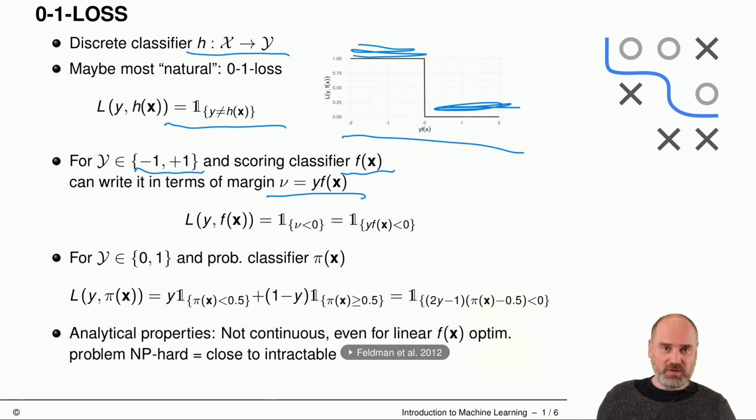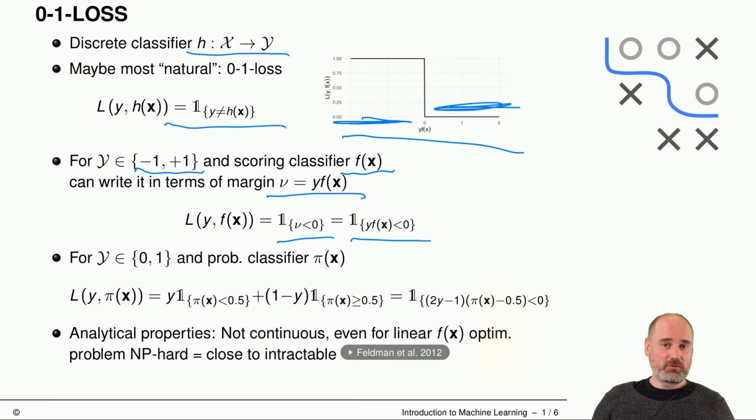In here we have the area of the incorrect predictions. Maybe I should mark rather the x-axis, so to speak, the margin axis. You can now write it like that. So that's just the indicator function evaluated on the margin, or like that. I guess it's just plugging in the definition of the margin.